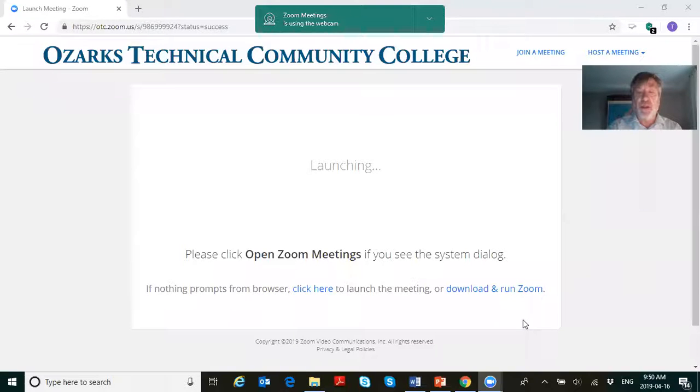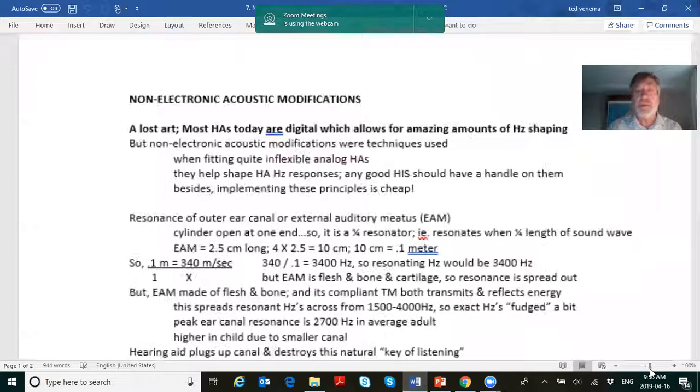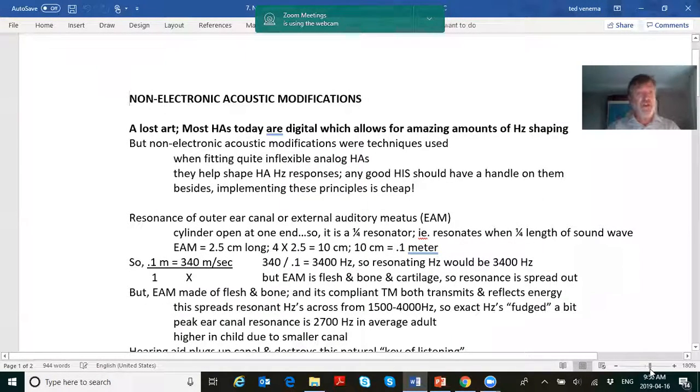When we look at those, you will see non-electronic acoustic modifications. I'll make it a little bit bigger. All right. It's a lost art. Most of today's hearing aids are digital, which allows for amazing amounts of frequency shaping. Stop there for a second. Yes, what we do with hearing aids is shape the sound.